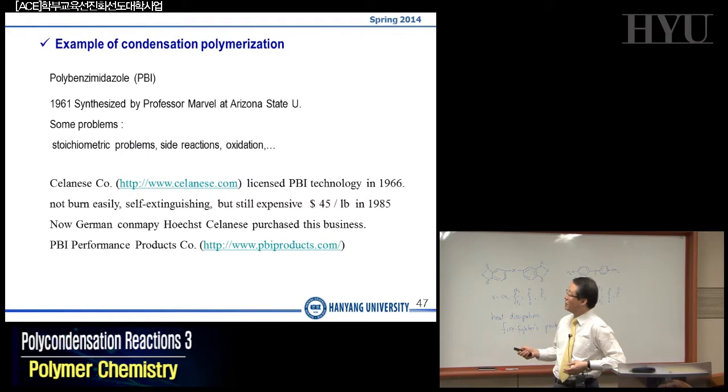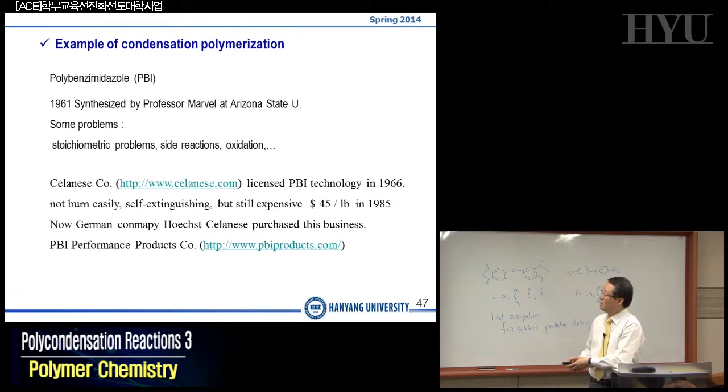We have provided the information about this. But this polybenzimidazole was very difficult to make because of the side reactions. This tetramine, if you have two amines at each point, the reactivity is not the same, so you often face the gelation problem because of the different reactivity of the amines.